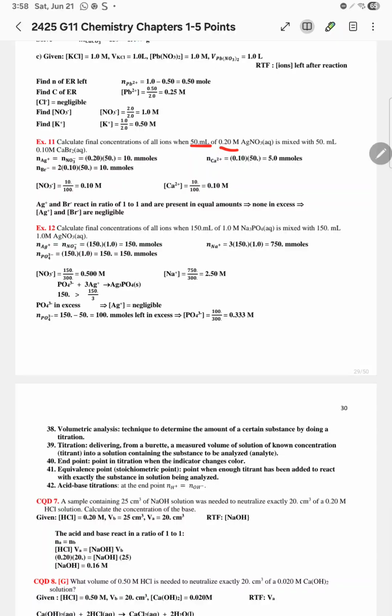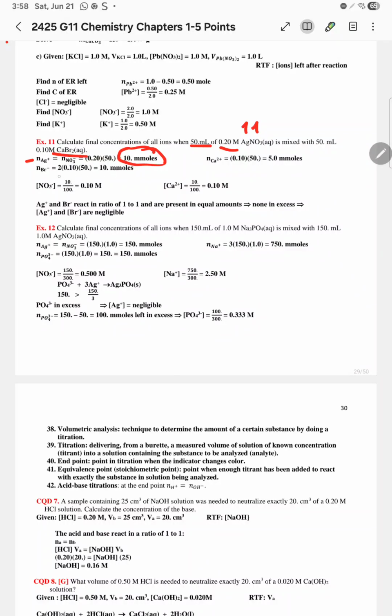Again, the moles of Ag are equal to the moles of NO3 because you have 1 mole of one ion of each. So their moles are going to be equal to the entire thing. So you do 0.05 times, or they used 50 here because they want it in millimoles. You get 10 millimoles. You're going to find the one for Br and the one for Ca because you have 2 Brs and 1 Ca.